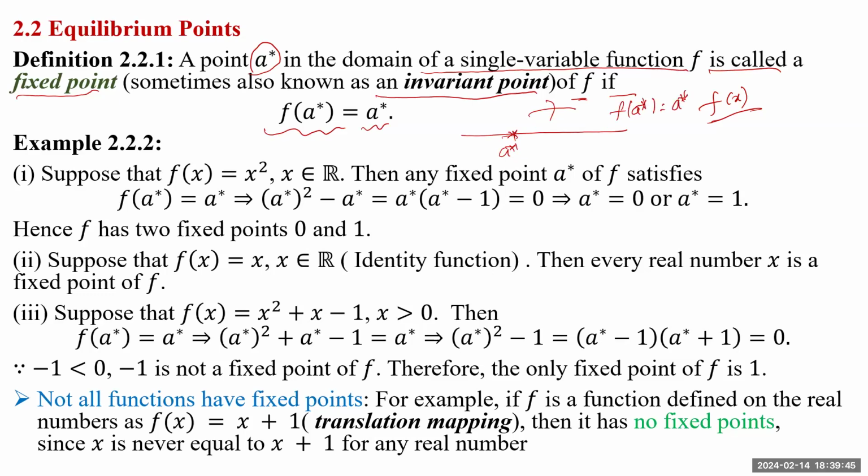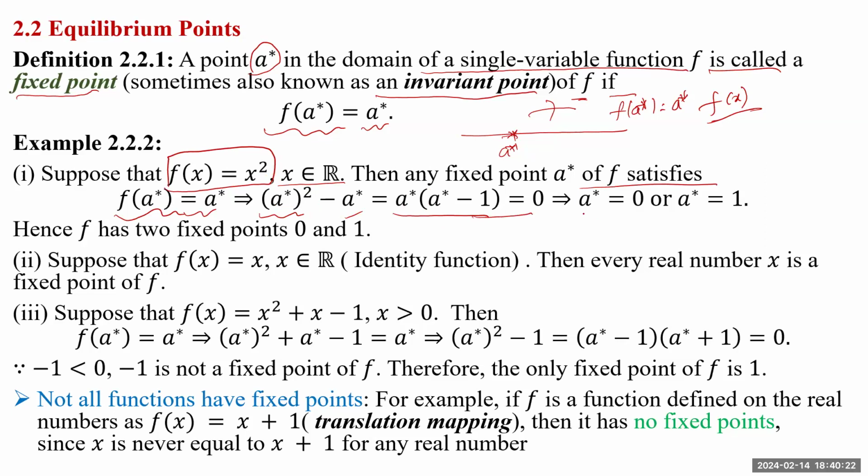Such a point we call the fixed point. For example, f(x) = x², where x belongs to R. Then any fixed point a* of f satisfies f(a*) = a*. So in place of x², you can substitute a*: (a*)² − a* = a*(a* − 1) = 0.